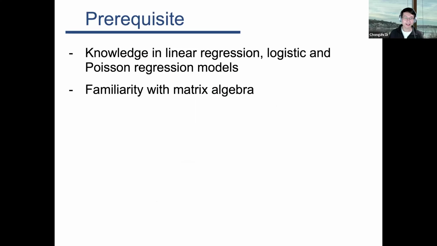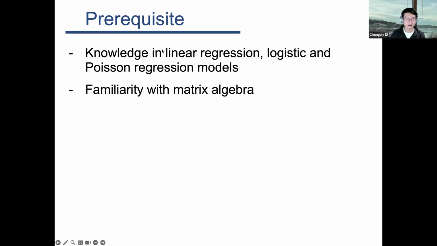I would assume that the audience has knowledge of basic regressions for independent data, for example linear regression for continuous data, logistic regression for binary data, or Poisson regression for count data. They are all what we generally call generalized linear models in the statistical literature.